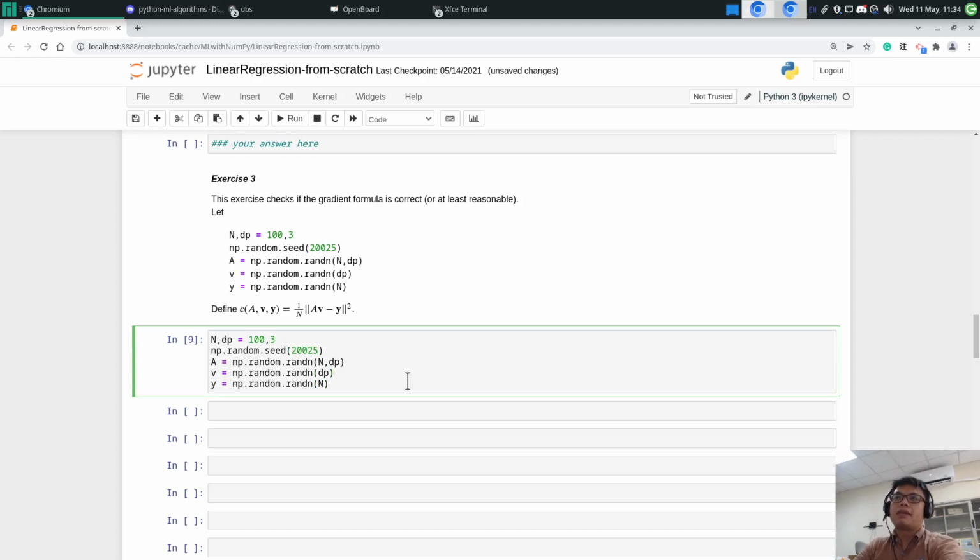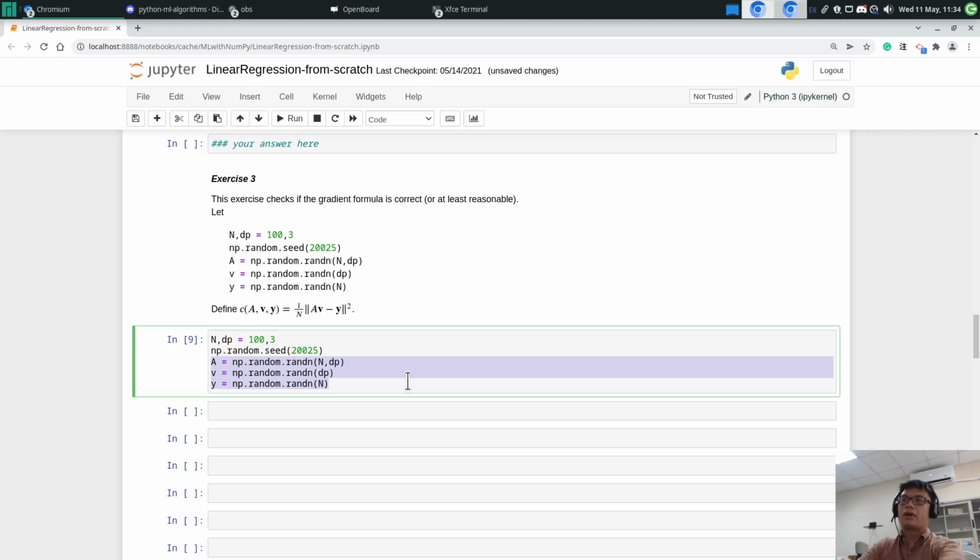What is the setup? We set up the number of samples, which is capital N, and we also set up the number of columns, which is d plus 1, which is 3. And this is to fix the seed. It doesn't matter. Let's have some fake data. What is x? What is a? What is v? And what is y?